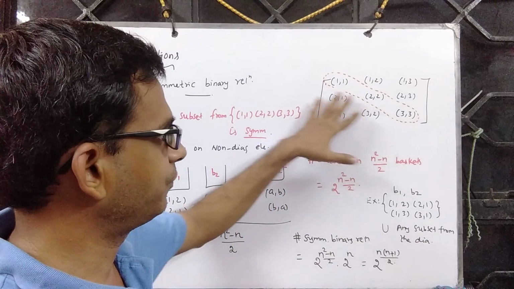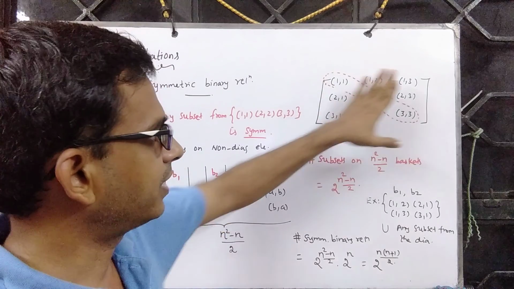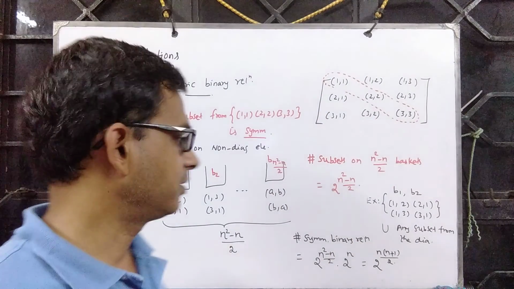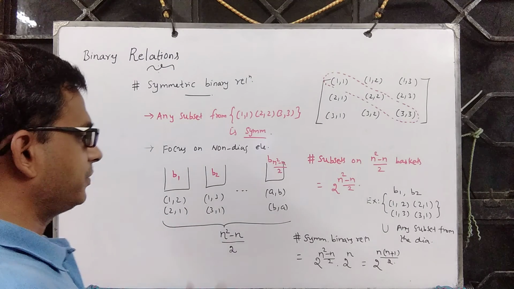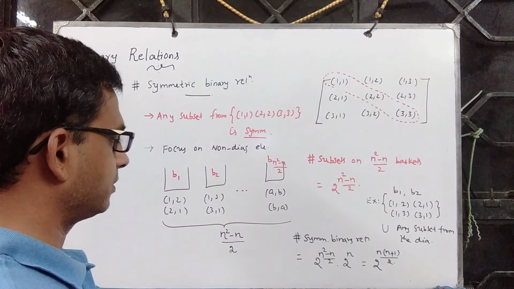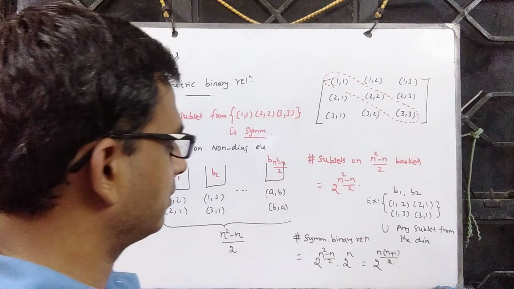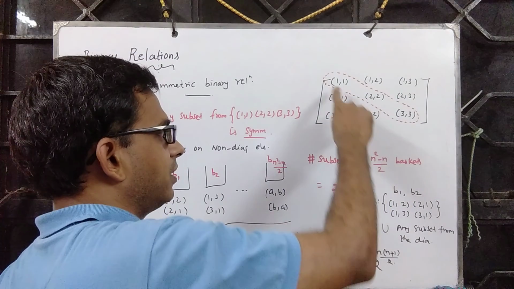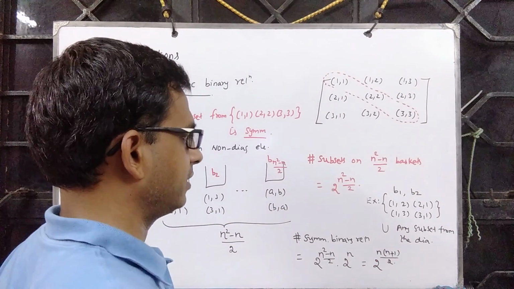So it is enough if you focus only on the lower diagonal part or the upper diagonal part. So if you group them, you get to see that there are (n square minus n) by 2 baskets, and any subset of this together with a subset from this is an example of a symmetric relation.